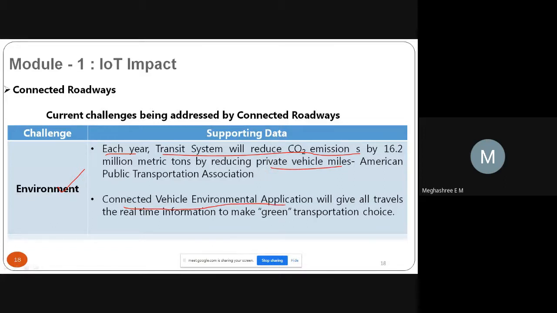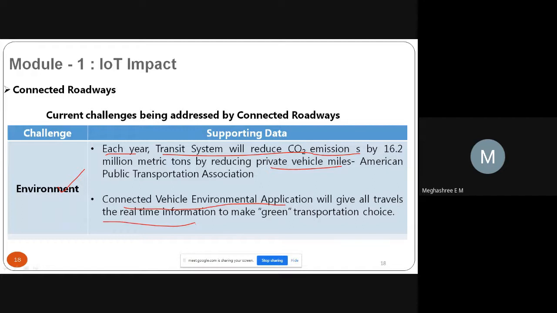This connected vehicle environmental application will give all travelers real-time information, like is there a congestion, I mean, is there traffic on the road. In that case, whoever wants to drive through the road can use green transportation. Green transportation is what?